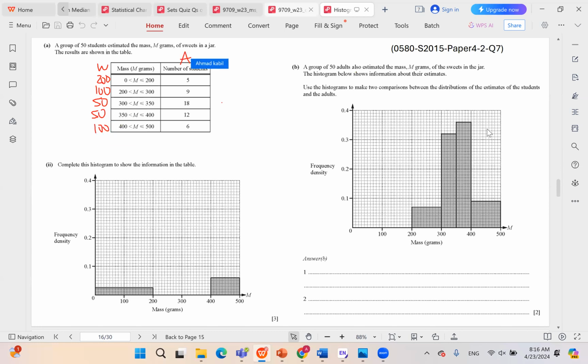This is the frequency, so this is the area, and we want to get the height. This is our version of the height, of course. So the height here is area divided by width. So 5 divided by 200 is 0.025.